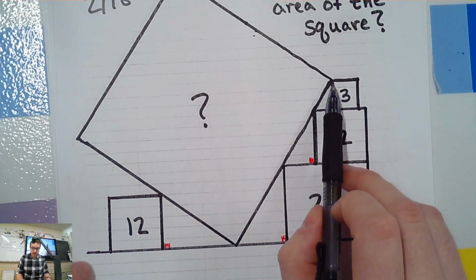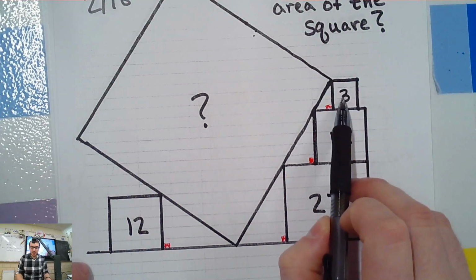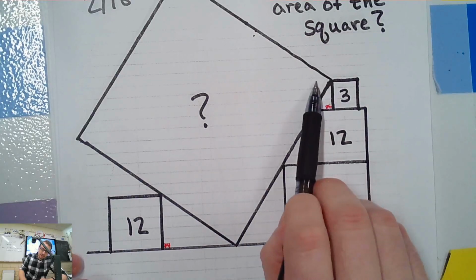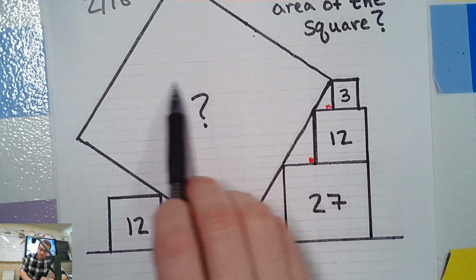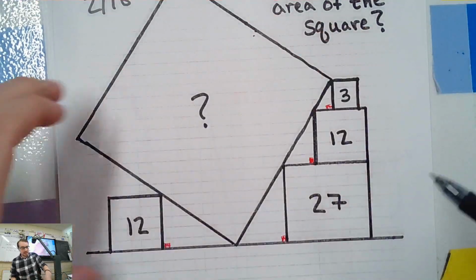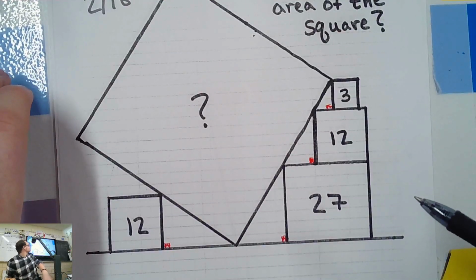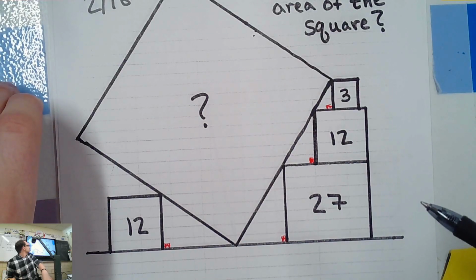So are you saying the box of 3 here, that's the area of that box, not the height, but the area is lined up here somehow? Kind of, yeah. Okay, so we could stack that on both sides.